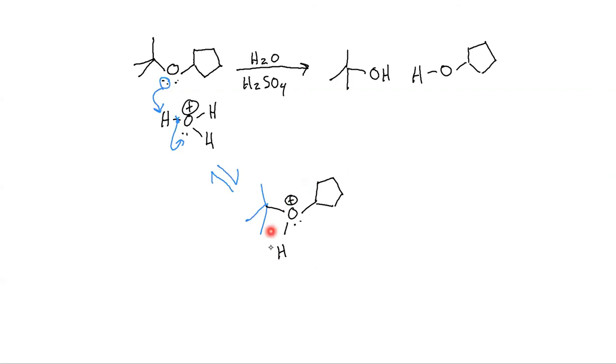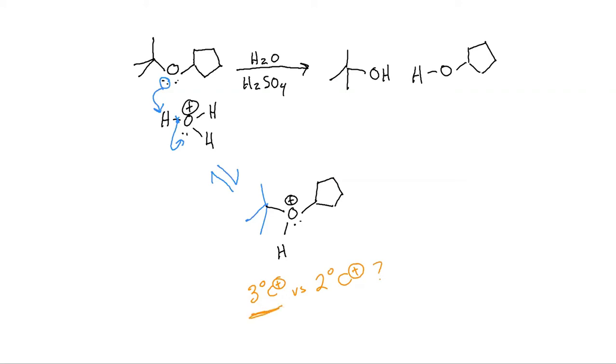Will it be the cyclopentyl, which would leave a tertiary carbocation, or will it be the tert-butyl, which would leave a secondary carbocation? Which do you think is better? Tertiary carbocation or the secondary carbocation? Yes, the tertiary is better.